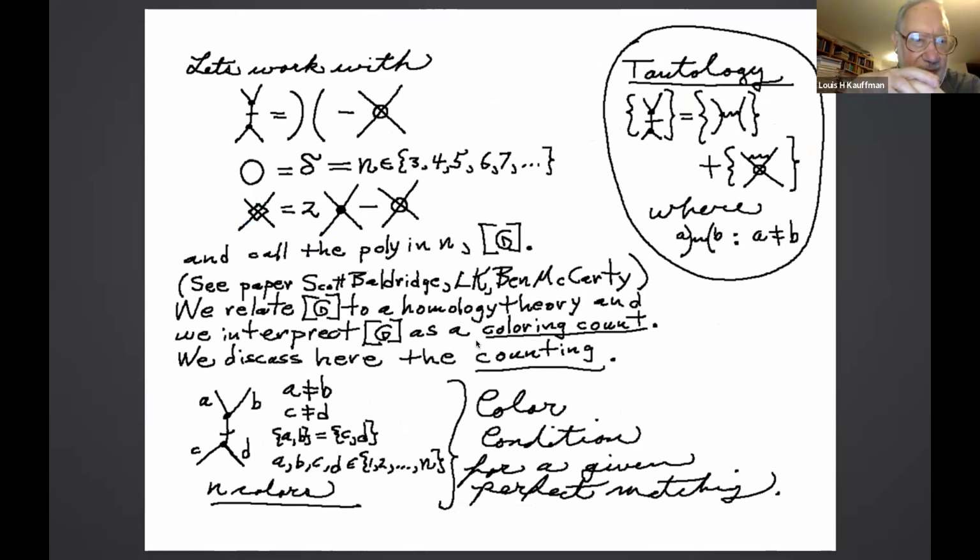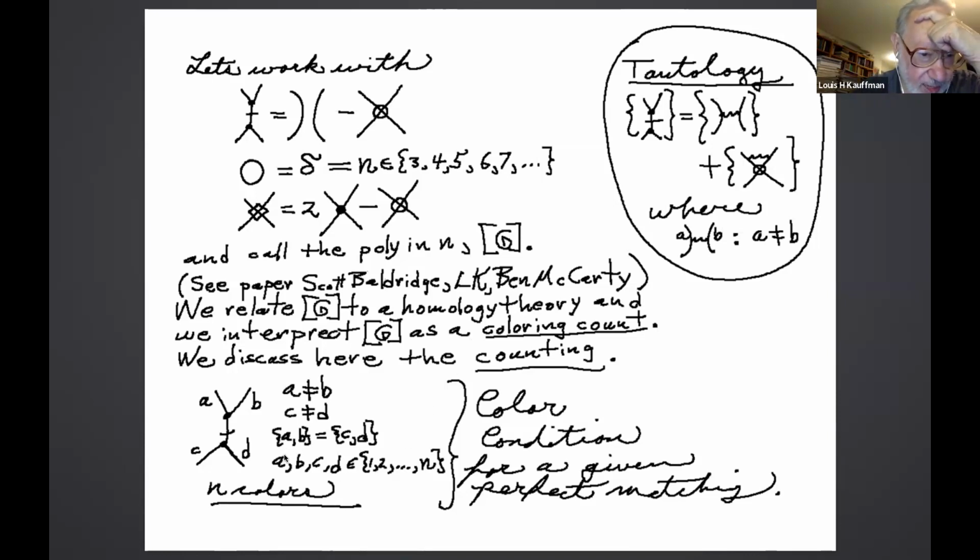And now I'm going to show you something that came up a little later for me. All of this was understood a while back, but then Scott Baldridge and Ben McCarty started working on something which I don't have time to tell you about, a homology theory that's related to the graph theory. And in their homology theory, they ended up using a color count on perfect matching graphs, and their color count is a natural generalization of the 3-color count.